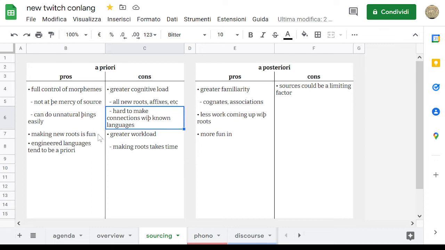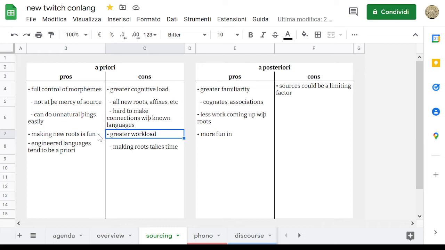It'll have to be all new. So that's a con, that I would have to put in the effort to learn, like, oh, this is what this root means, this is what this derivative of that root means. And there's nothing to grasp at in terms of my familiar languages that I've learned. So that is one potential con, the cognitive load.